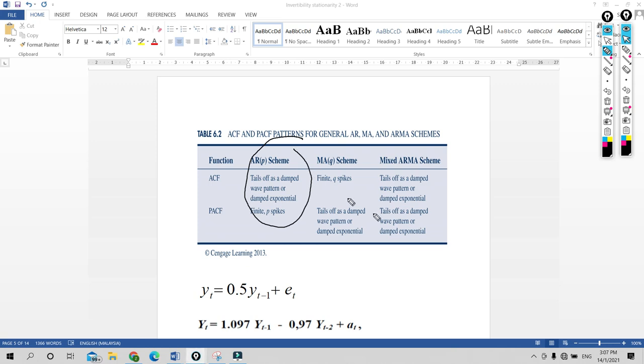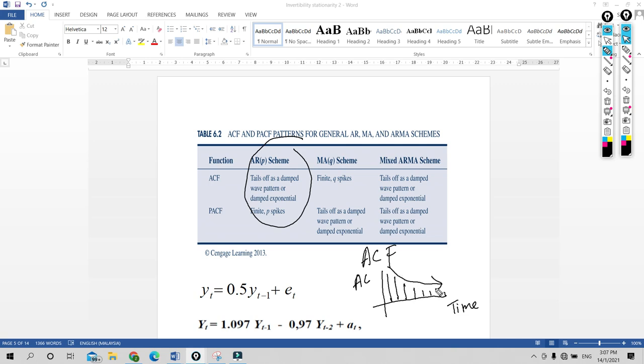Looking at the ACF graph, if I have a graph like this, it goes exponentially. This is the autocorrelation. Here is the time period, time.